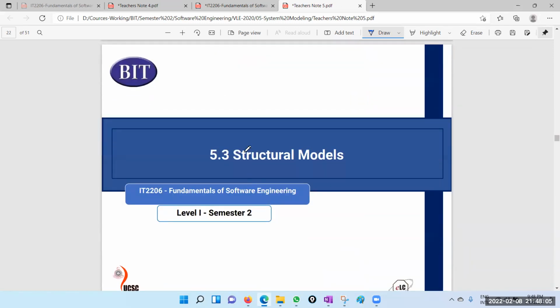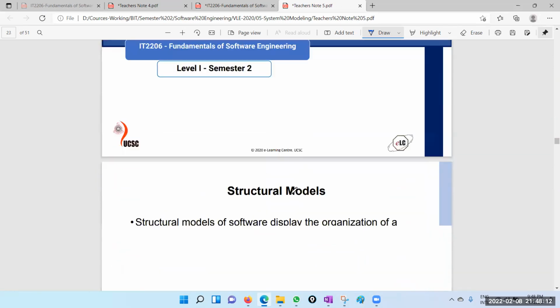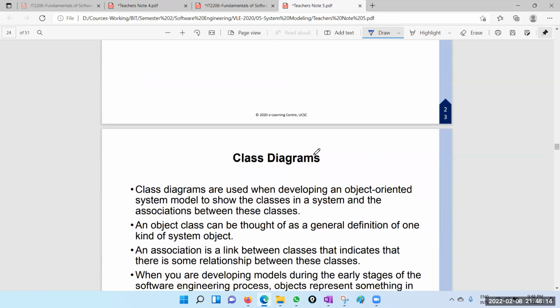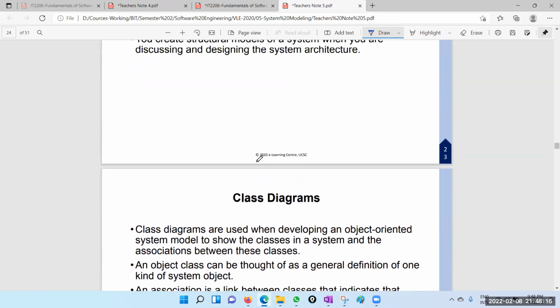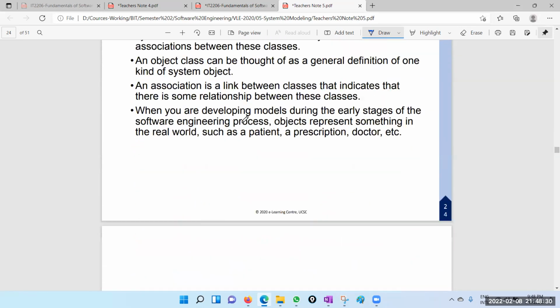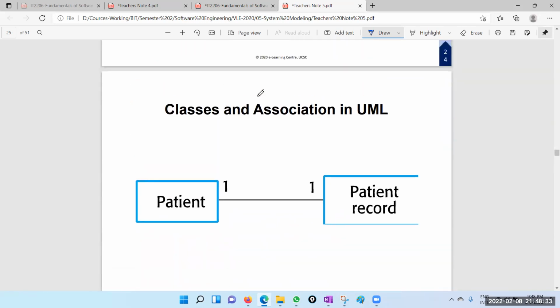Right. So the structural models. I told you the main structural model is the class diagram. It shows you in general how these classes and interfaces are related through inheritance, association, generalizations, etc. So here you can see how they are related.